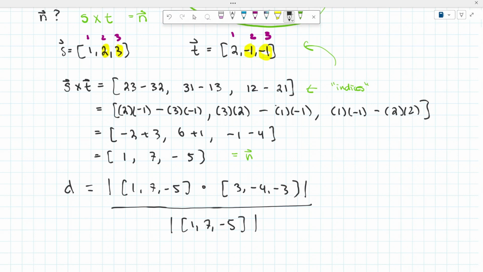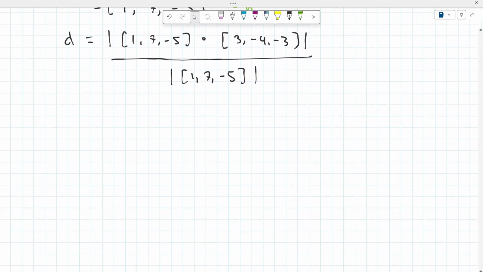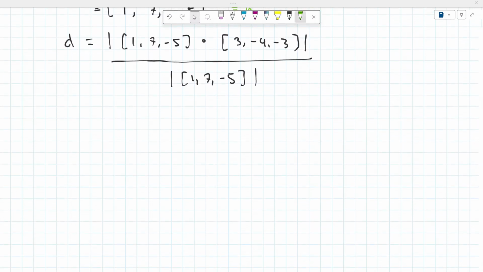Okay, so we just have to now calculate this dot product. So let's take our dot product and do that over here. So our dot product, we just multiply each term together and then we add them up. So we're going to multiply the first terms by each other. So we've got 1 times 3, and then we're going to add the multiplication of the second ones.